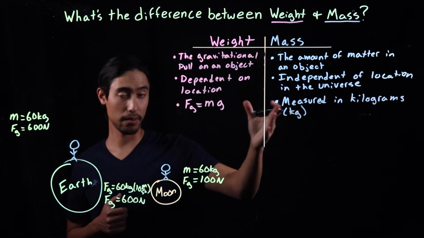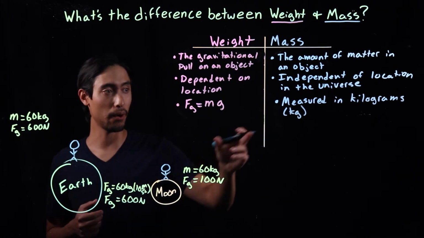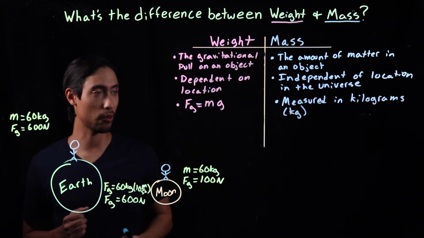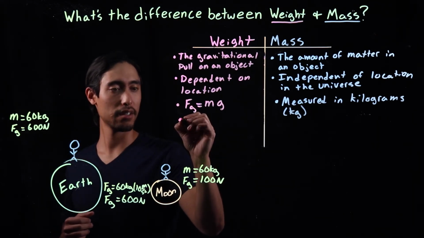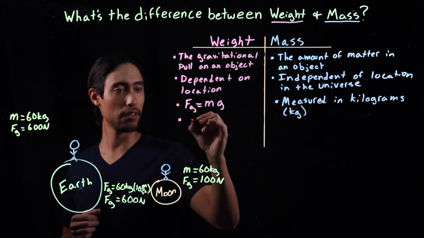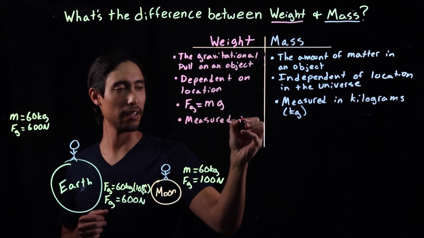And just a reminder that the prefix kilo is 1,000. So 1 kilogram would mean it's 1,000 grams. And we know that weight is a force, so it is measured in newtons.